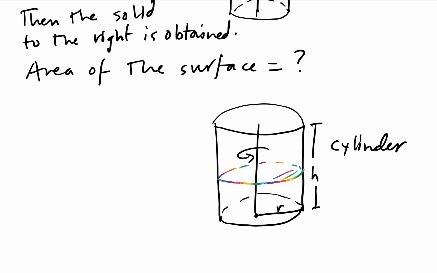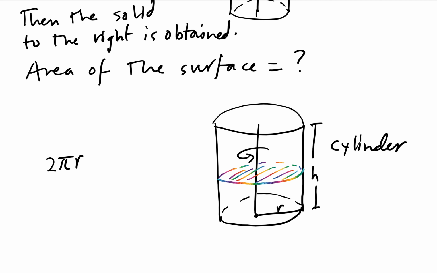Take a slice, this slice here, and I'm going to find the length of that slice. That's a circle, right? And what's the length of that circle? It is the circumference, so 2 pi r, right? That's the circumference of the circle.